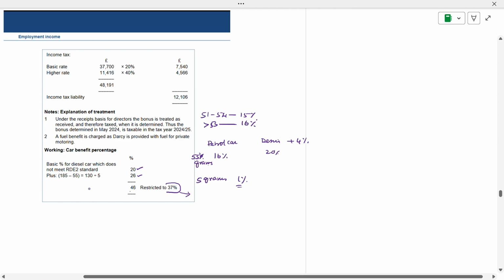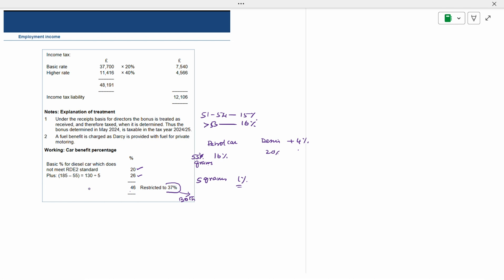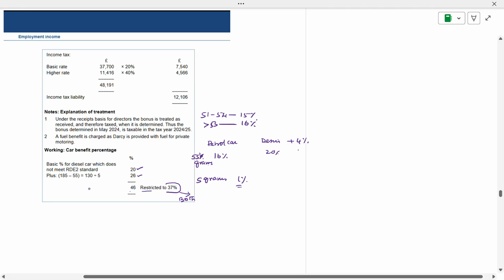And whatever the percentage is, the maximum percentage is 37%, which is applied for both of them. And if it exceeds 37%, like 40, we'll stick back to 37% only. That is a blanket rule which has been applied. Okay, very good. Thank you.